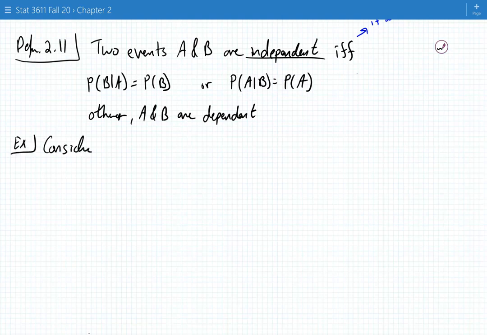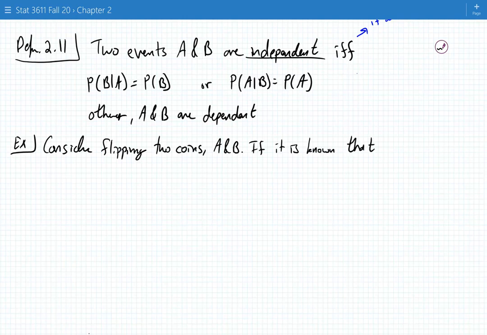Let's consider flipping two coins. Let's say we have a coin A and a coin B. If it is known that B comes up heads, what is the probability that A is also heads?